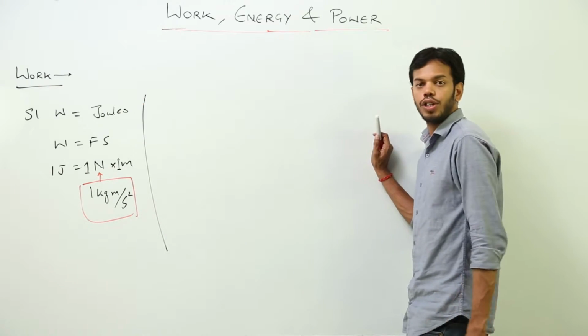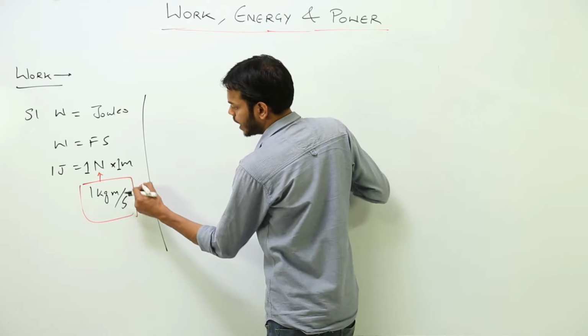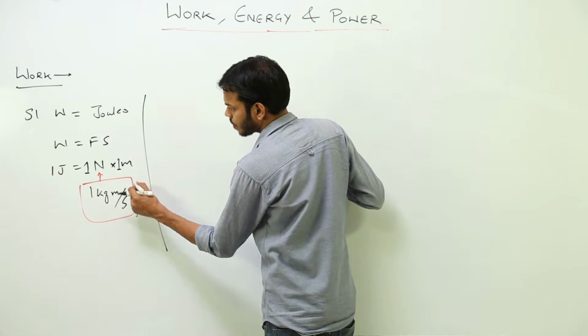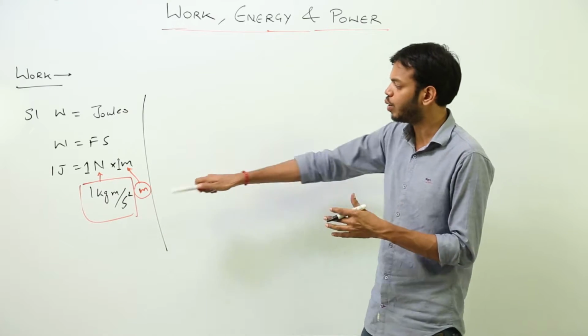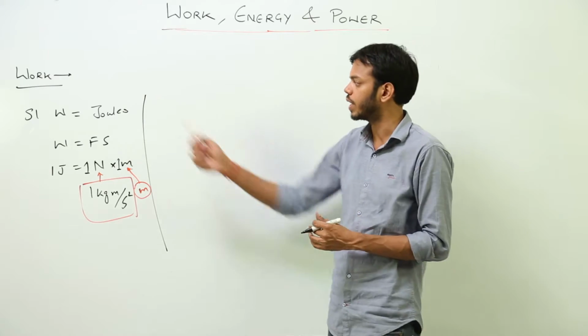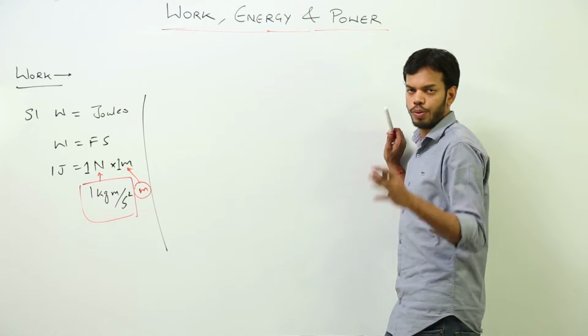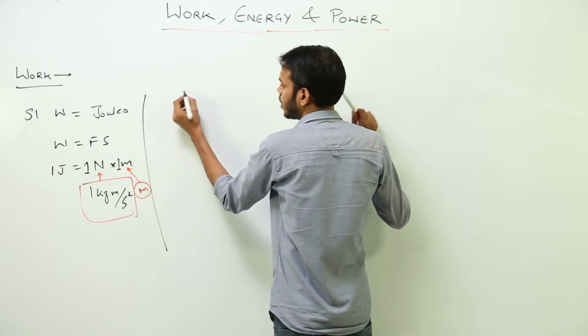What is the CGS unit of force? I want to go to the dimension formula of work done, but before the dimension formula, let's do the CGS unit first.